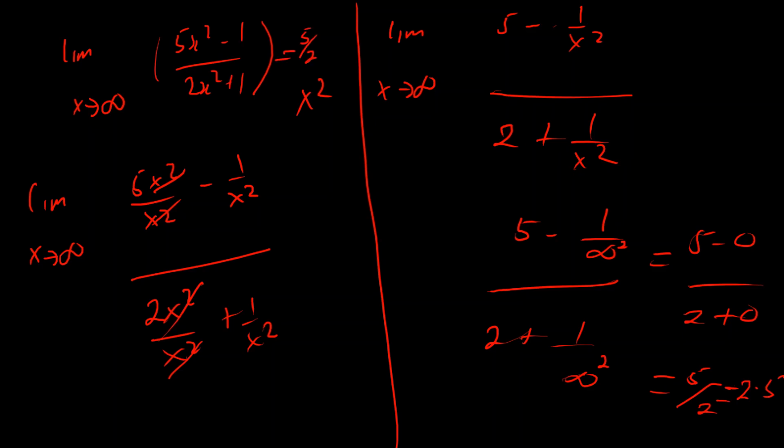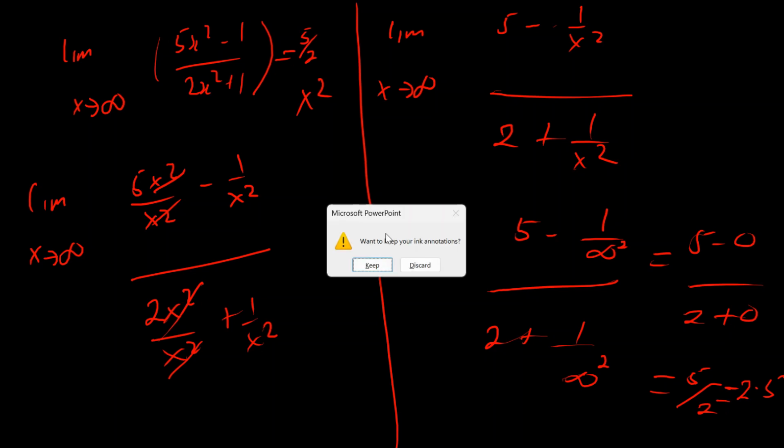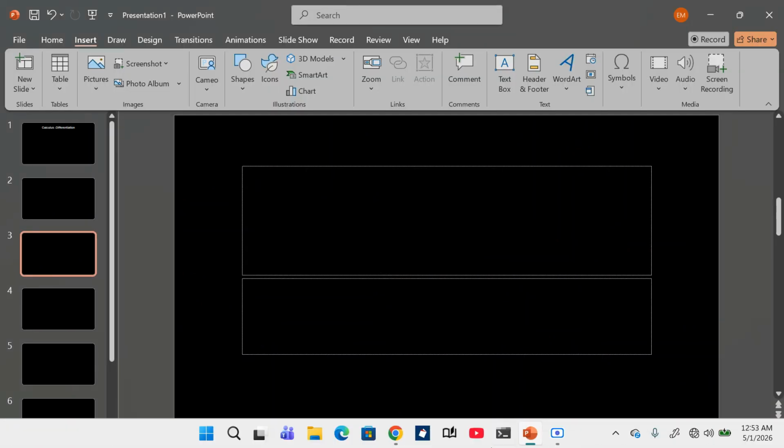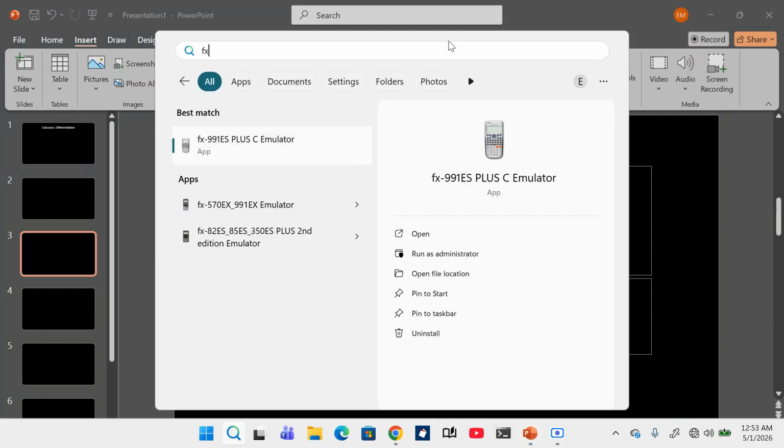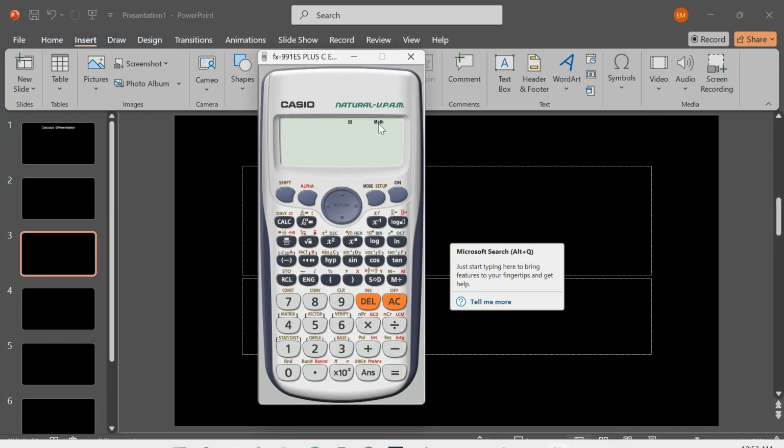Of course, you can use the calculator to compute this. So let's pick our calculator. So this is our calculator. Now, we want a larger value. So I'm going to pick 100,000 and then store it as x.